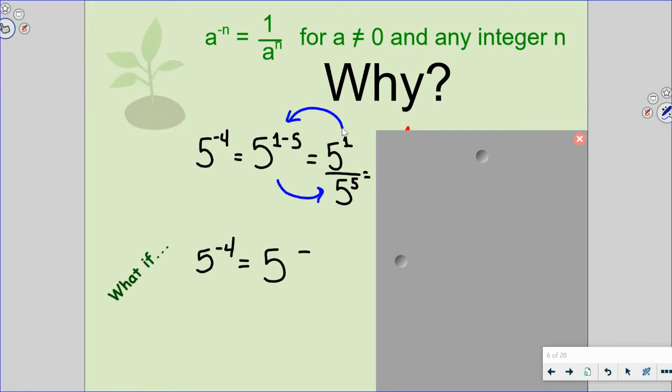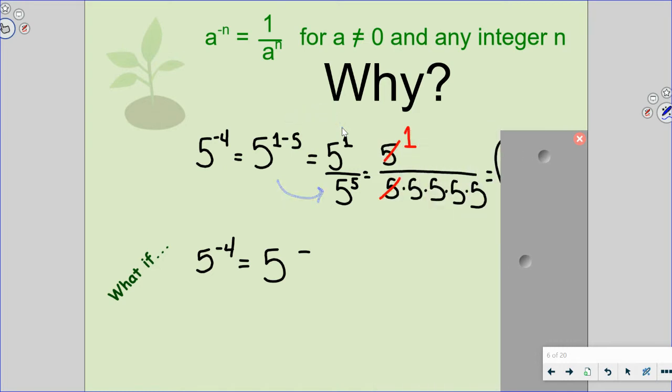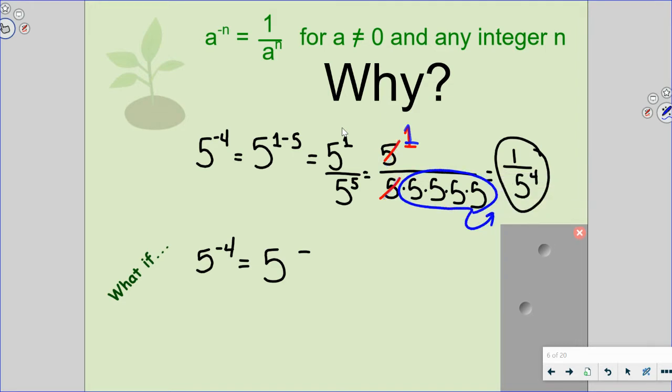Now what I'm asking you to do is to go that direction, okay? So 5 to the 1st over 5 to the 5th is the same as 5 to the 1 minus 5. Now, if I expanded all those 5s out, and I said any number divided by itself makes 1, look what's remaining in the numerator, a 1 and only a 1. Look what's remaining in the denominator, 5 multiplied by itself repeatedly.